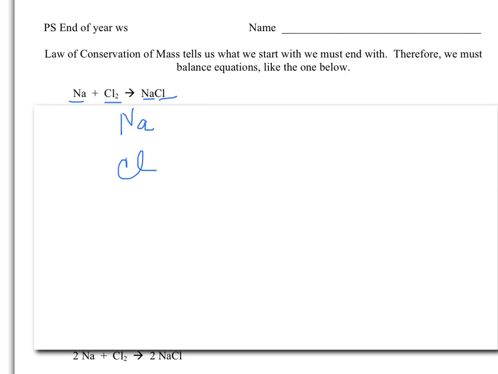So this is sort of a form of bookkeeping that we do for the equations. On the reactant side, this side over here, we have one sodium, and we have two chlorines. On the product side over here, we have one of each. Now, being as the sodiums are already balanced, we'll go straight to the chlorines. We have two on the reactant side and only one on the product side.